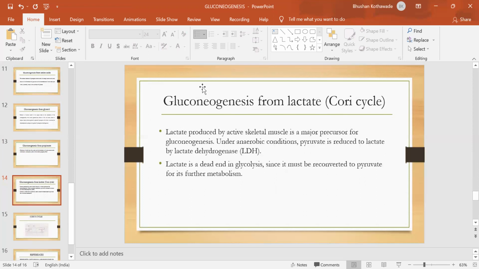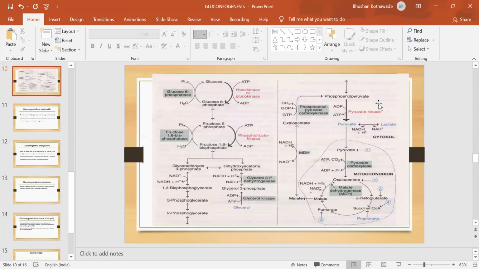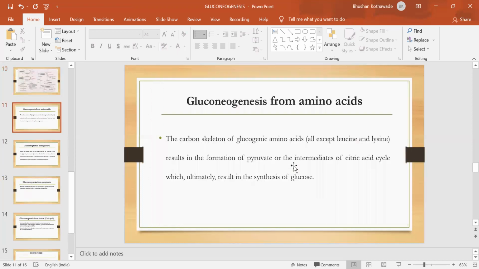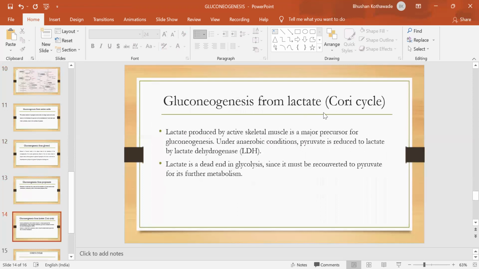Then gluconeogenesis from lactate, this is an important point. I have already told you that from lactate we first get pyruvate, and then the next steps will be the same. Especially this formation of glucose from skeletal muscle lactate is known as the Cori's cycle. So this is also an important point. Lactate is produced by the active skeletal muscle, and it is a major precursor for gluconeogenesis, because gluconeogenesis occurs in the liver.